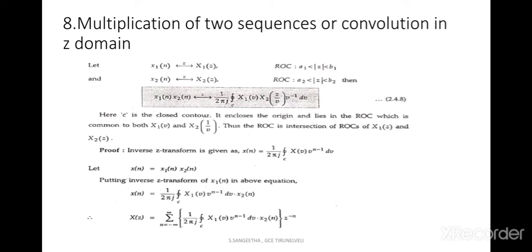For the proof, the inverse Z transform is given as x(n) = (1 by 2 pi j) integration of X(v) v to the power n minus 1 dv.